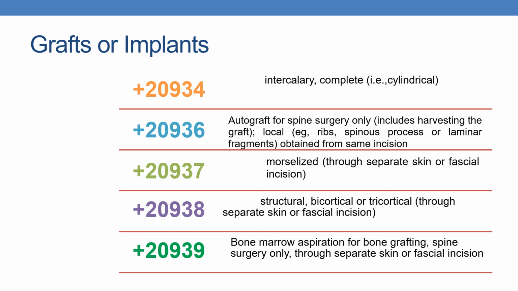The next is plus 20938, autograft for spine surgery only, structural, bicortical or tricortical, through separate skin or fascial incision. Next is plus 20939, bone marrow aspiration for bone grafting, spine surgery only, through separate skin or fascial incision. We will discuss in detail about these add-on codes when we talk about the spine topic in musculoskeletal system. As of now, just go through the codes.